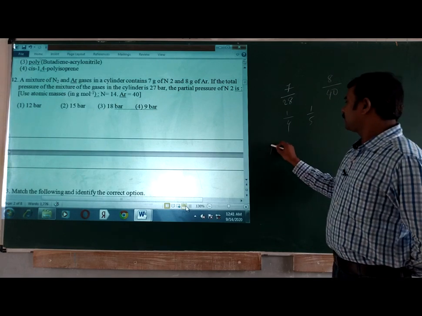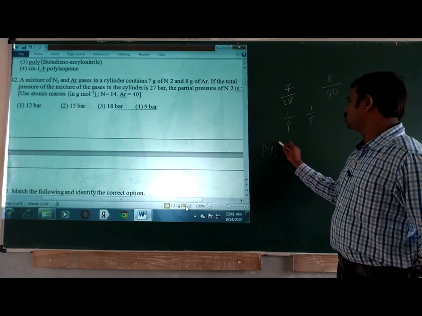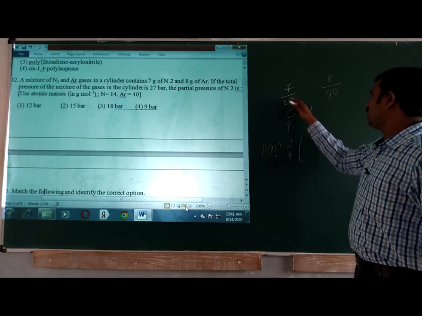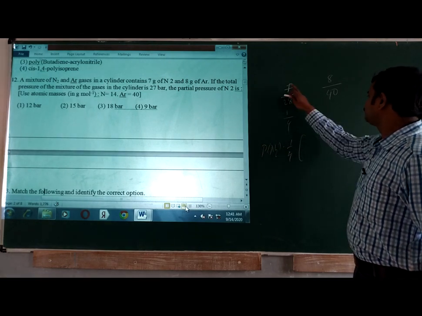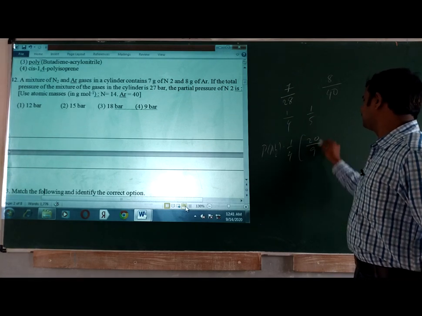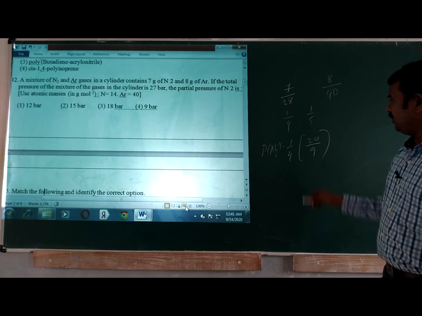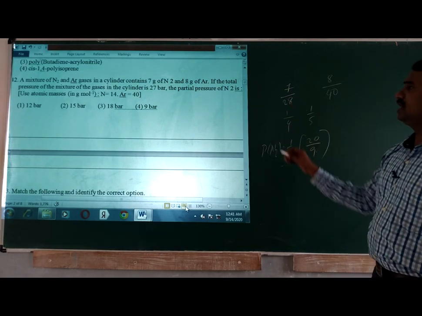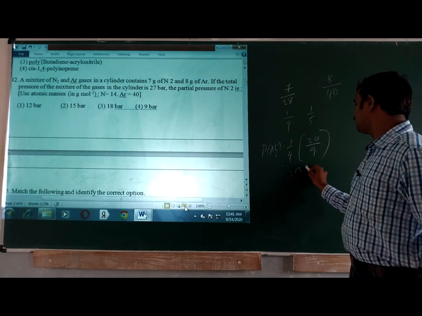The pressure of nitrogen equals 1 divided by 4 into total, multiplied by 20 divided by 9. When we get 1 divided by 4 and 20 divided by 9, you will get the answer, 15 bar pressure.